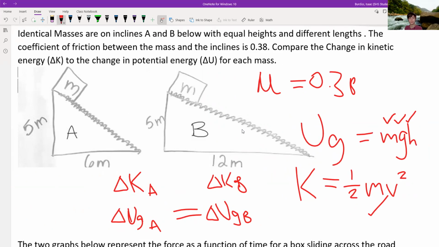Well, our equation for velocity, no, we can't use that one. Well, we don't necessarily have to look at the velocities.